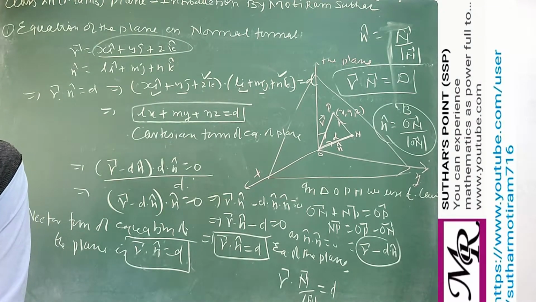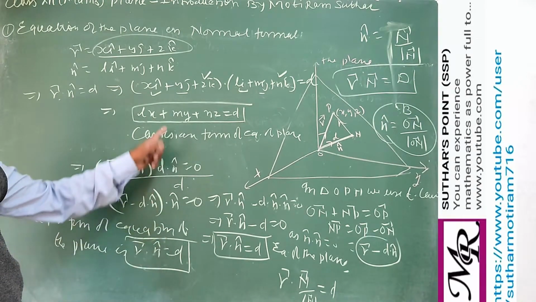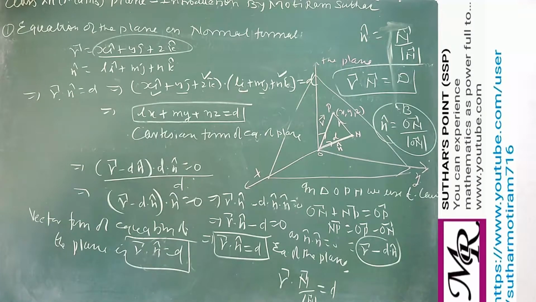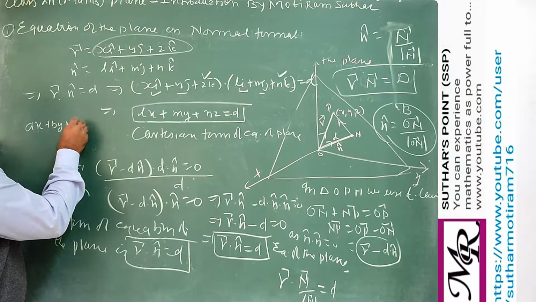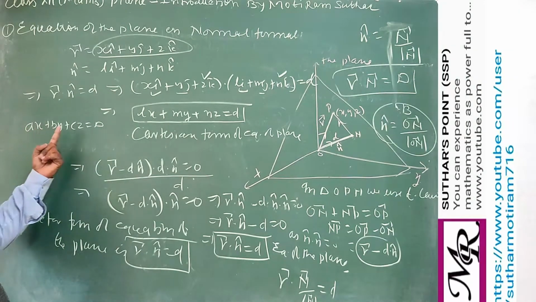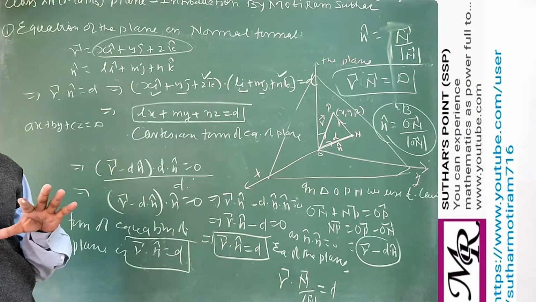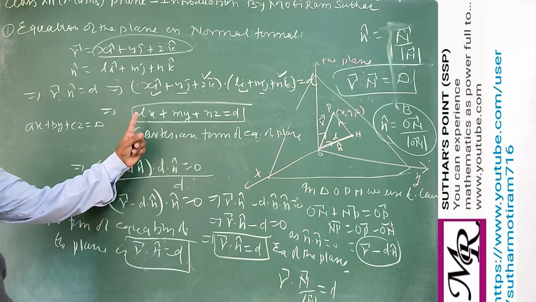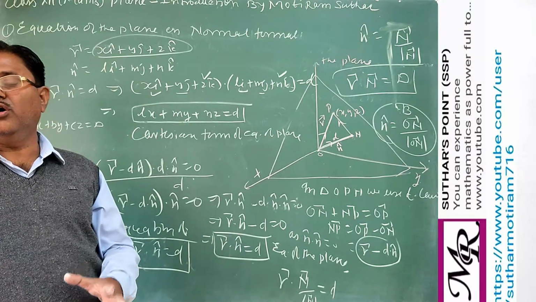Now similarly, if we are given a vector form of this, not in this one, then the corresponding Cartesian form of the plane will be like this: ax plus by plus cz equal to d. This is also a Cartesian form, but here a, b, c are the direction ratios of the normal perpendicular to the given plane. Yes, l, m, n are the direction cosines of the normal.